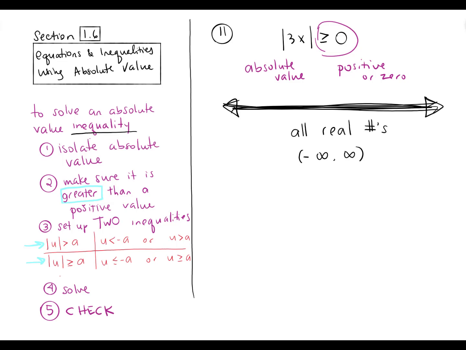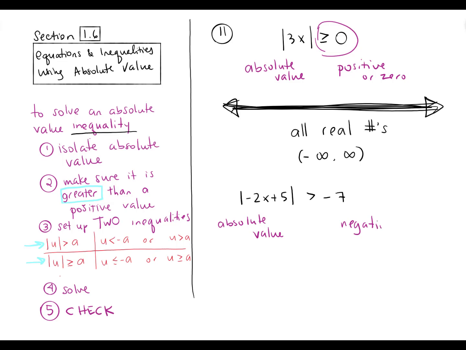I just want to bring up an extra example that's not on your note page. If I said the absolute value of negative 2x plus 5 is greater than negative 7. Once again, let's write in words what this says. Is my absolute value greater than a negative value?